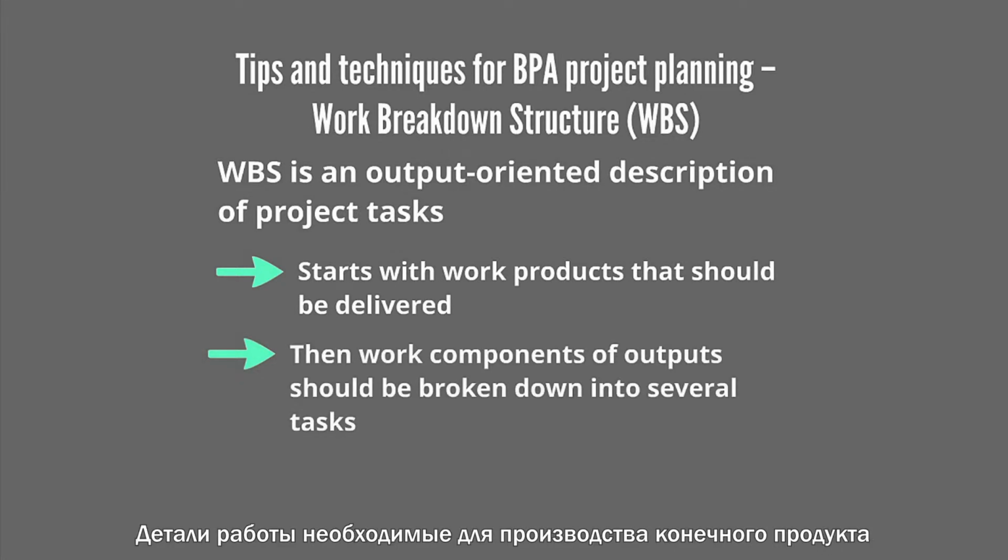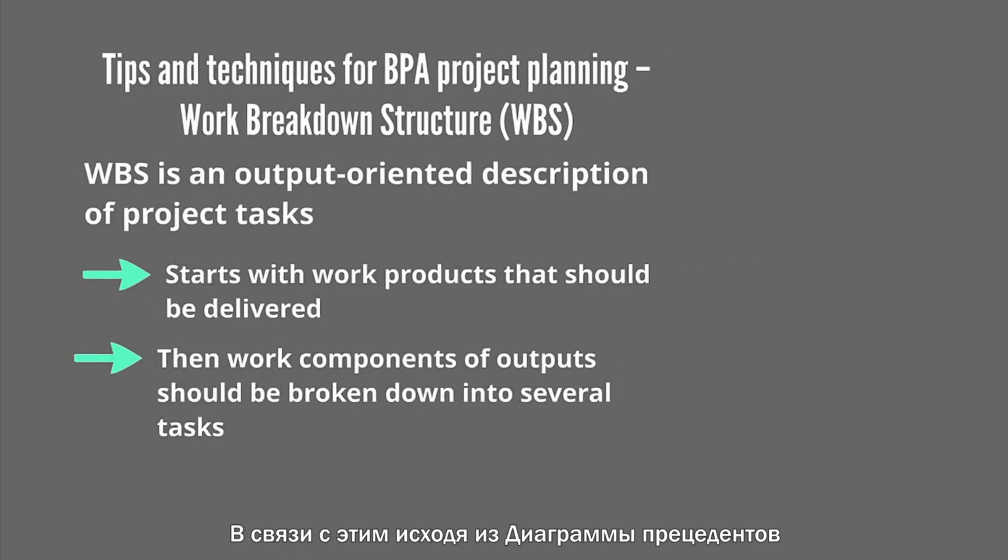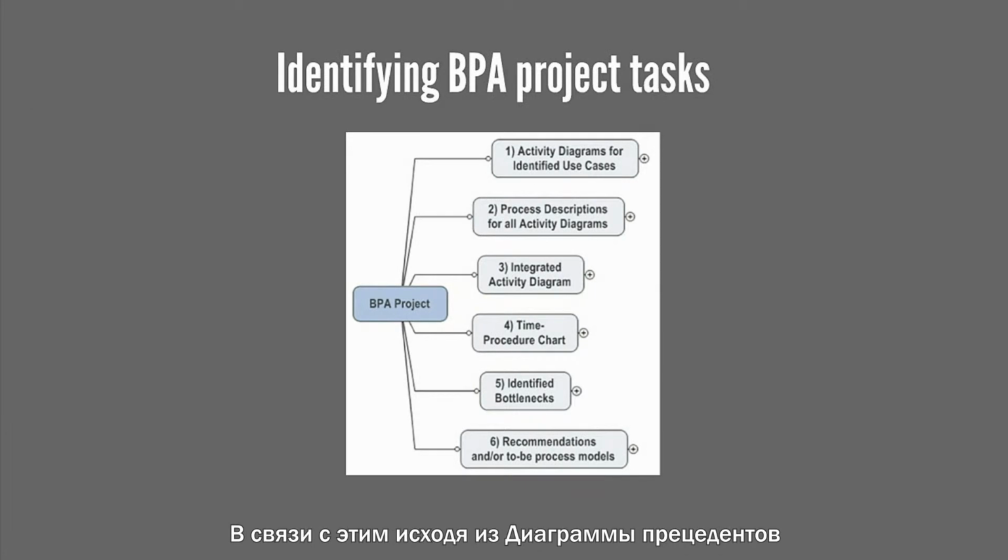The work components to be carried out to produce outputs should then be broken down into several tasks necessary to deliver each work product. Therefore, based upon the use case diagram, the work breakdown structures of work products and tasks should be articulated.